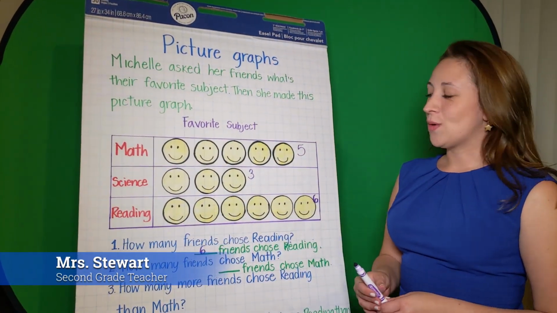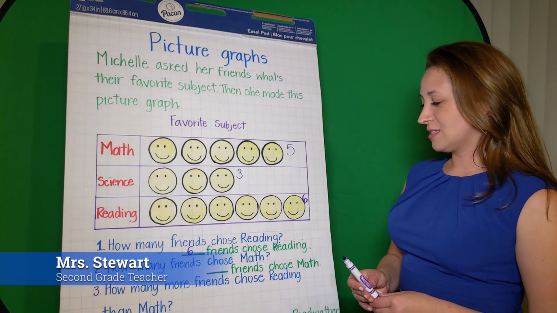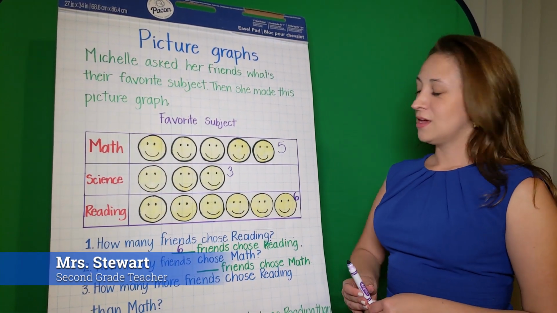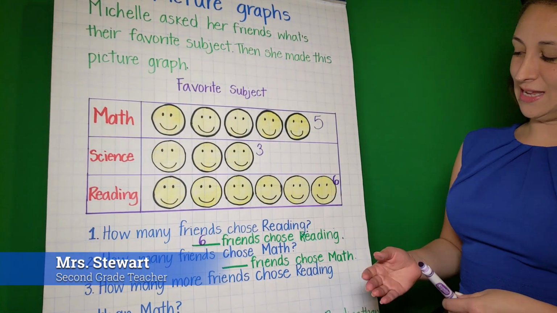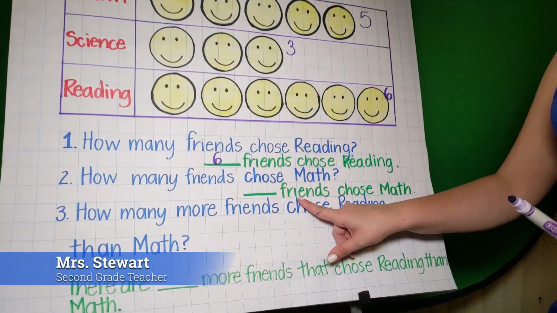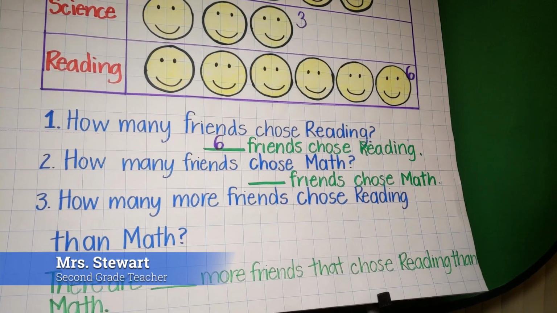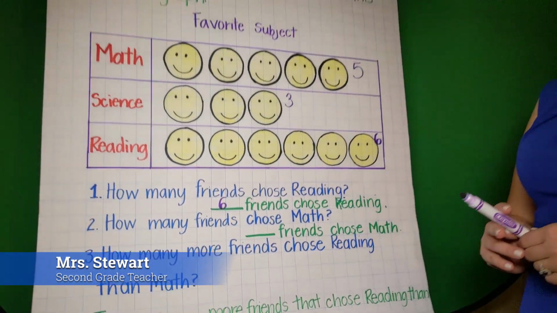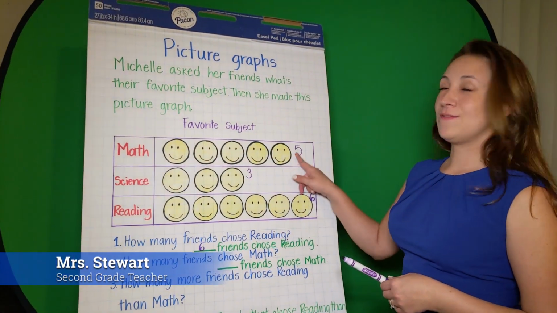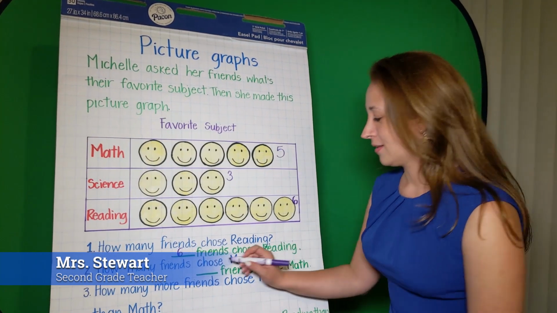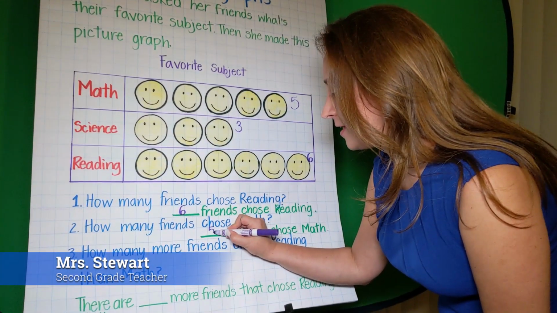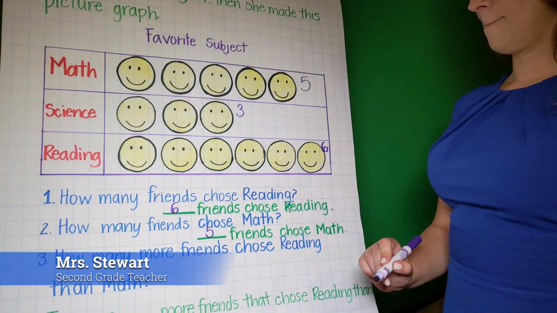Now our second question is, how many friends chose math? You can try at home with the sentence then. Blank friends chose math. If you say 5, that's correct. 5 friends chose math.